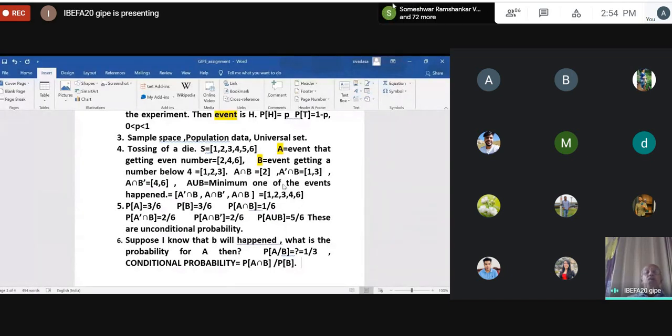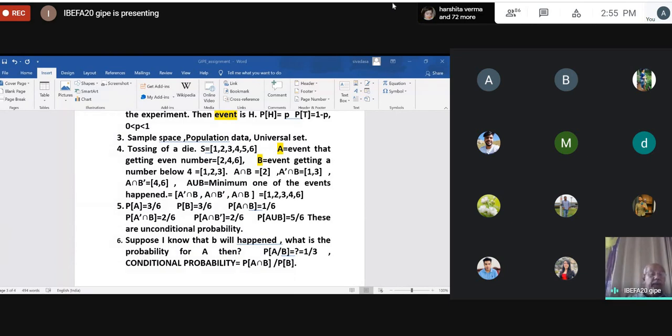Therefore, throughout our statistical study, the probabilities are either on the whole sample space or on the conditional sample space of another event. Is everything clear?